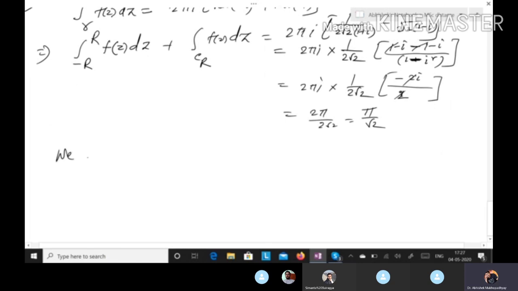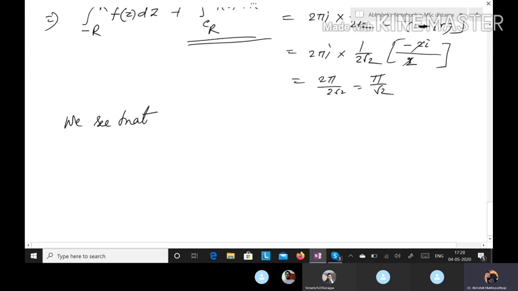Now we see that for this integral over the semicircle, what can we have? So over this, we can estimate this integral as less or equal to, now over here mod z is r.